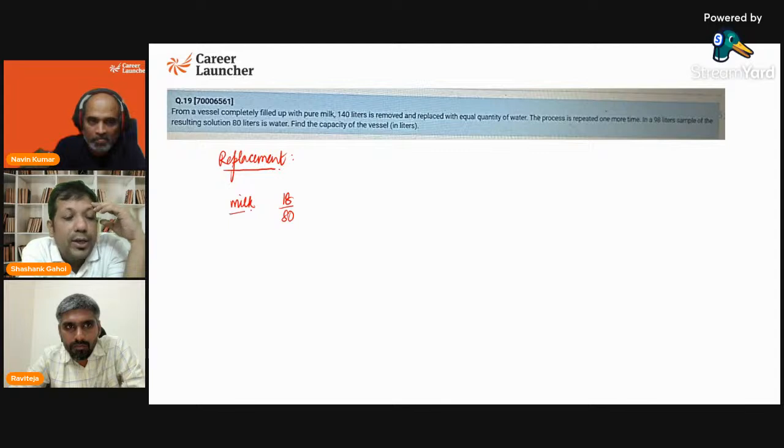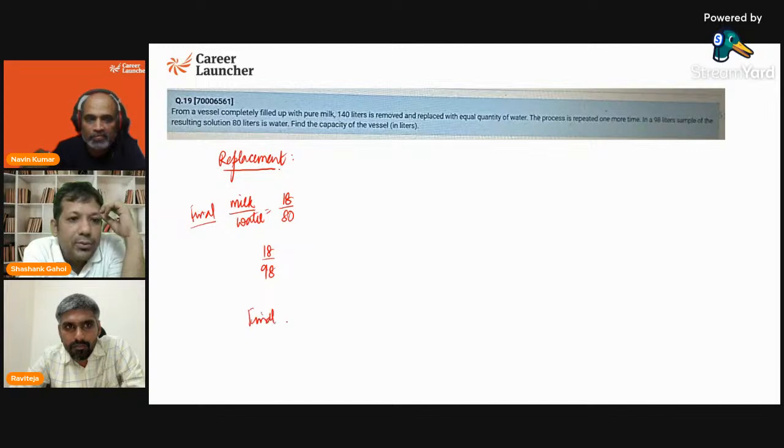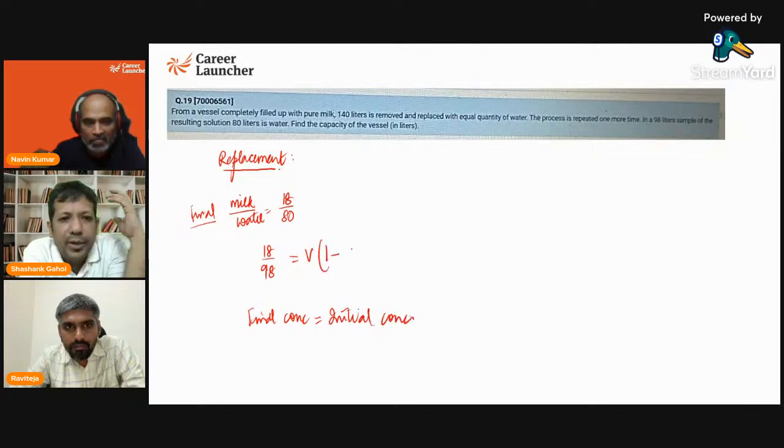Okay, sorry. So what is the milk fraction? I can say that is 18 upon 98. So the milk fraction is 18 upon 98. So that is equal to 1 minus replaced, final. Sir, V won't be there because I am dividing by V, then only I am taking the fraction, right?